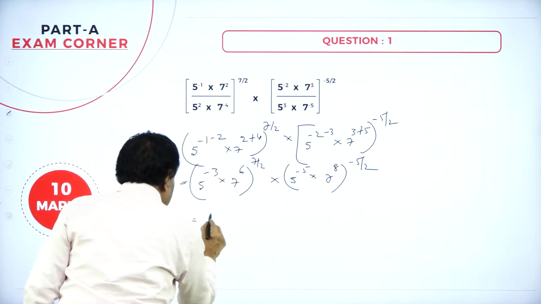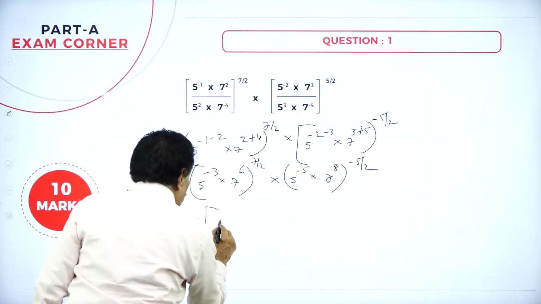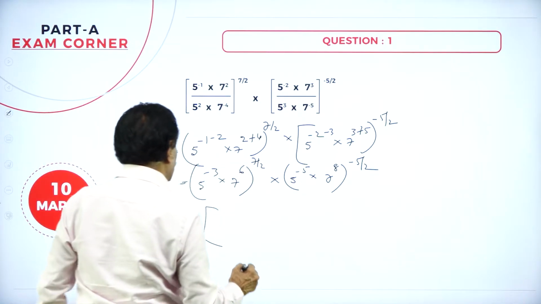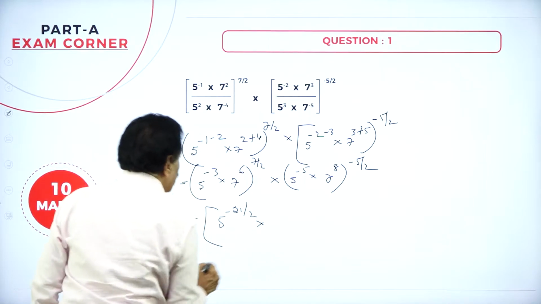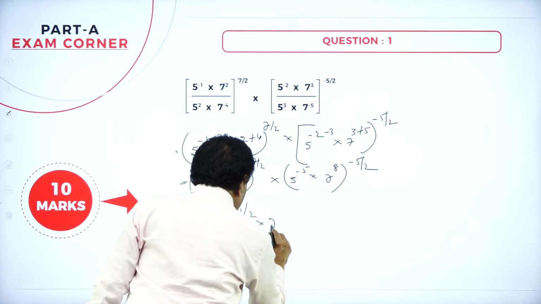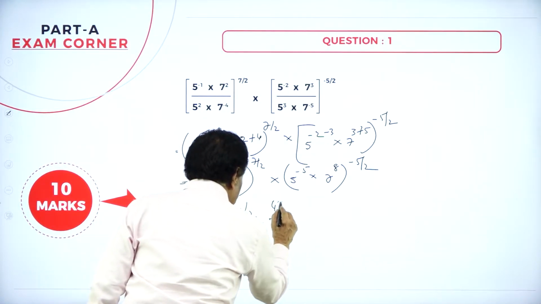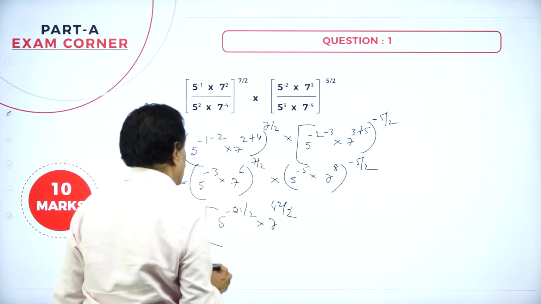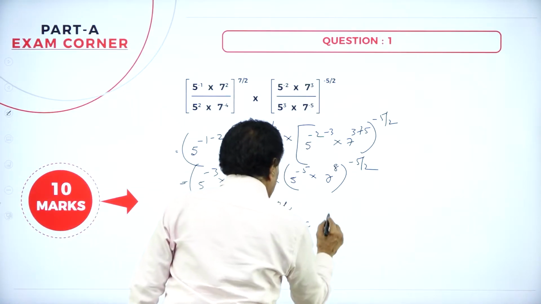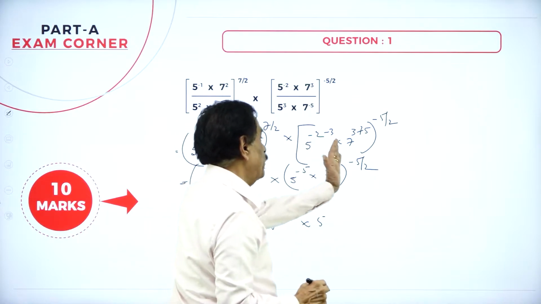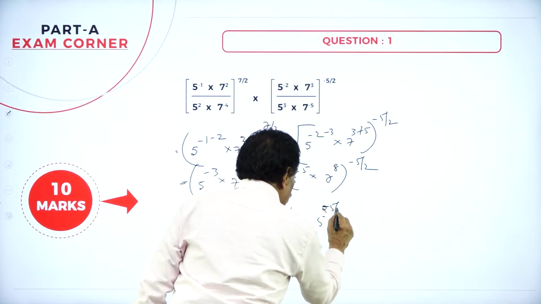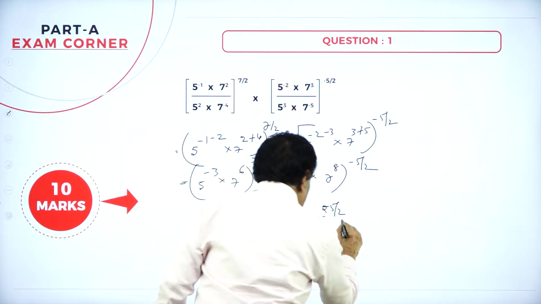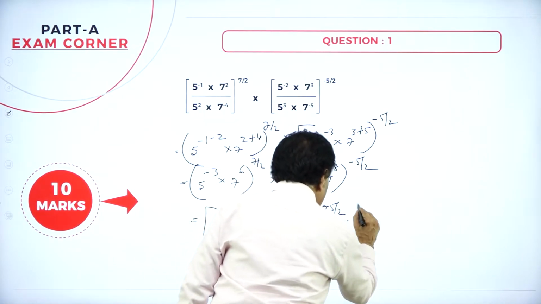So you take 5 one side: 5 to the power of minus 3 into 7 by 2, 5 to the power of minus 21 by 2, into 7 to the power of 42 divided by 2, into 5 to the power of minus 5 into minus 25, minus into minus plus 25 by 2, into 7 to the power of minus 40 by 2.